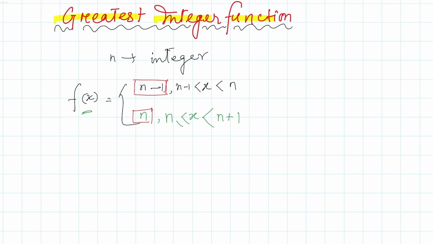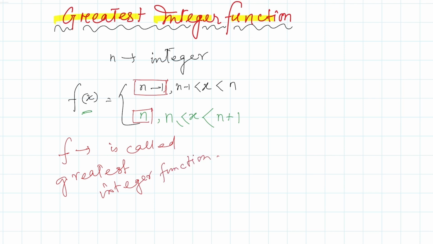Then this function f is called the greatest integer function. It can be expressed as f of x equals x written within square brackets like this, or you can write it as this. This is also known as the floor function or step function. So this is the greatest integer function.